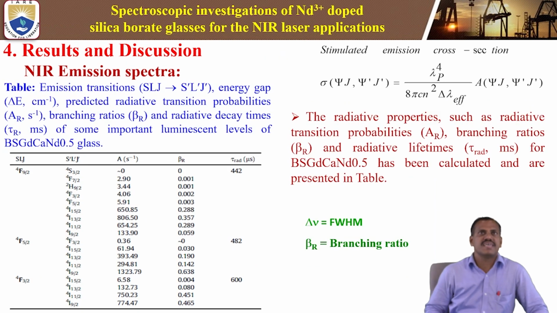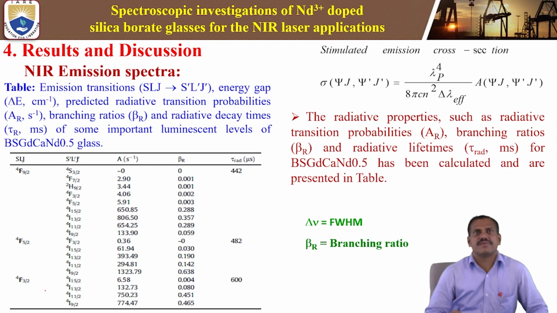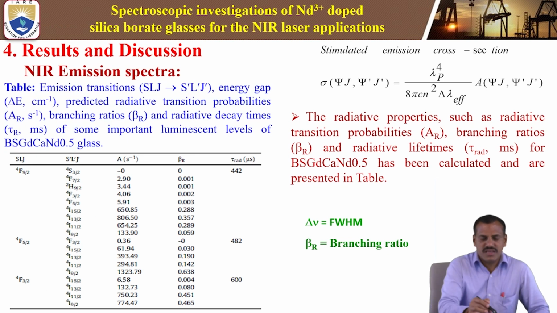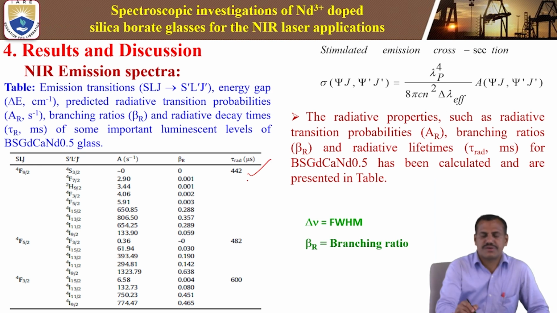Next, using the NIR emission, we can calculate the radiative transition probabilities, that is the A_R value, branching ratio, and tau radiative value. These are the important transitions of the near infrared emission: 4F9/2, 4F5/2, 4F3/2. In these levels we observe the radiative transition probability A value, the branching ratio, as well as the tau radiative, the radiative lifetime decay times in microseconds.